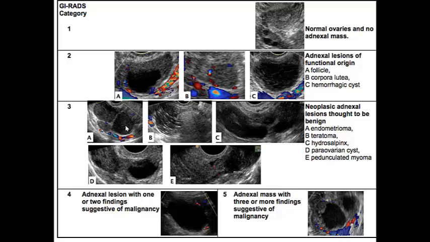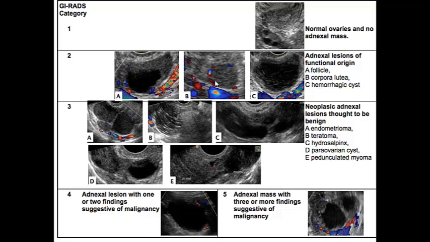The category 1 means normal ovaries, no adnexal masses seen. This is a normal ovary, this uterus, a normal ovary, and there is no adnexal mass seen. Category 2 are functional origin cysts, like a follicular cyst or follicle, like a corpus luteum, and usually the corpus luteum may have different appearance.